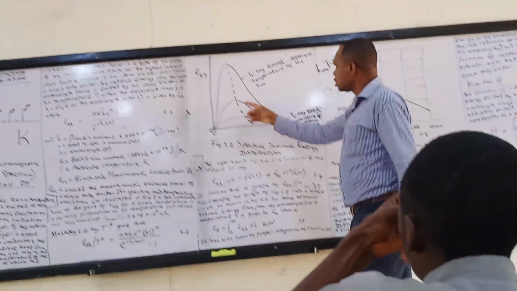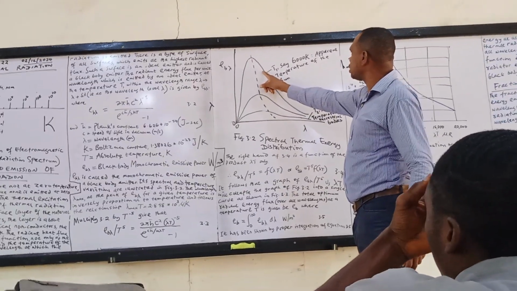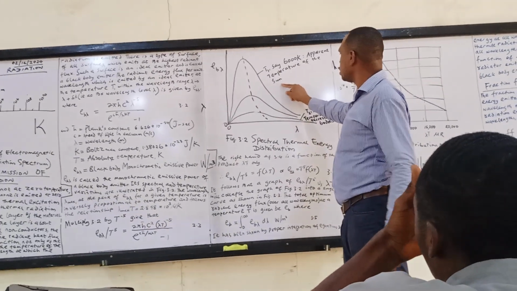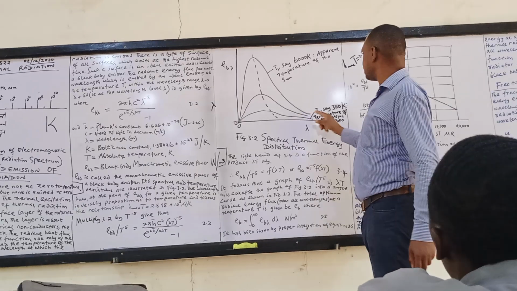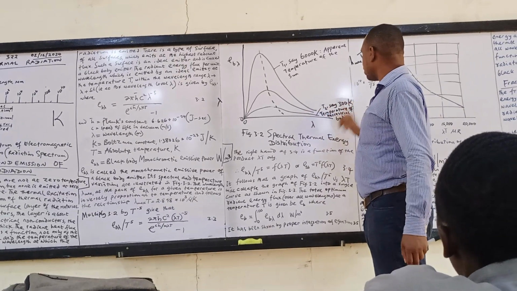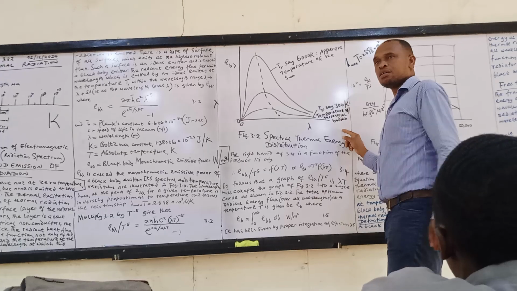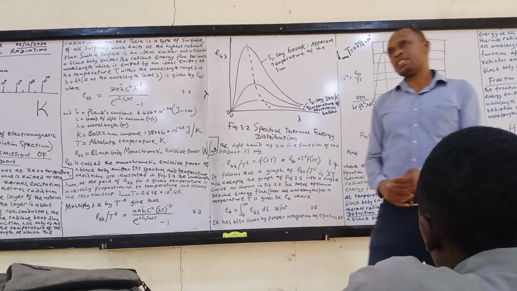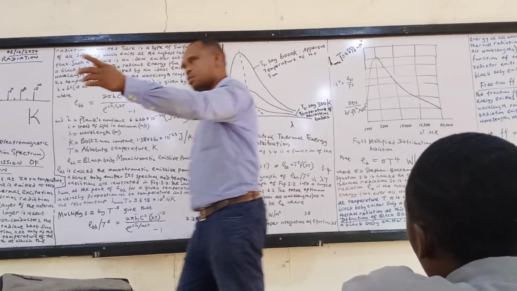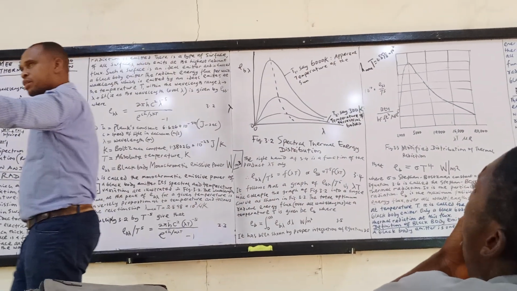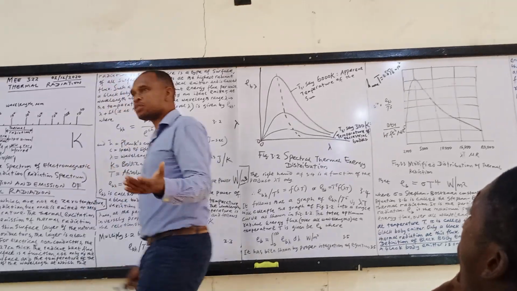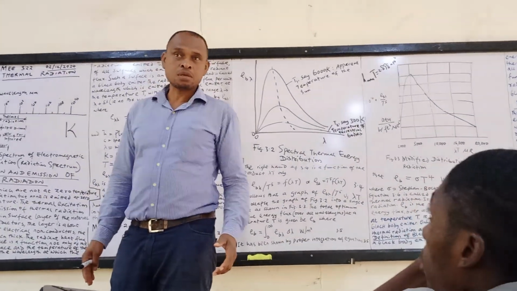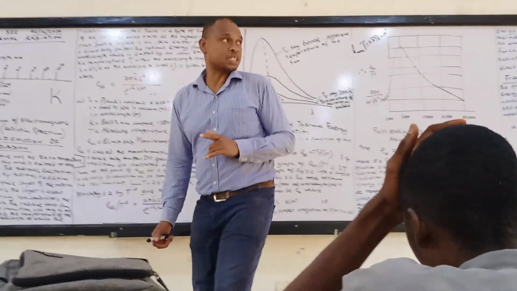So let's say this is 6000 K, that's the apparent temperature of the sun. Let's say this T2 is 300 K, the temperature of terrestrial bodies. That's our temperature here. What is the temperature of your body? 36 degrees centigrade? Okay, 36 or 37? 37 degrees centigrade.